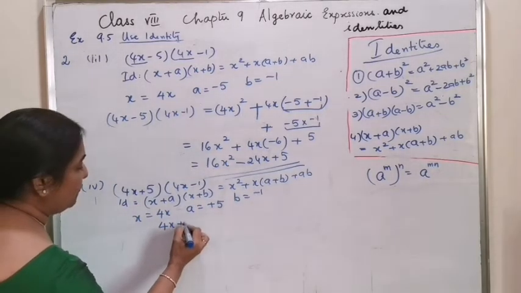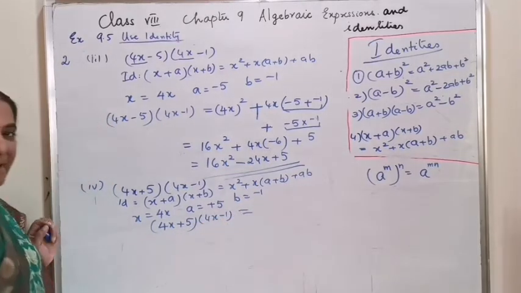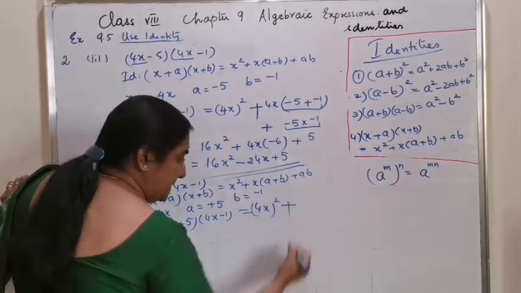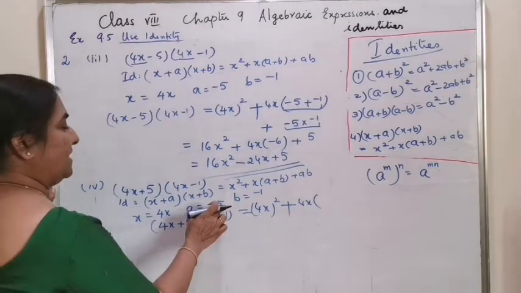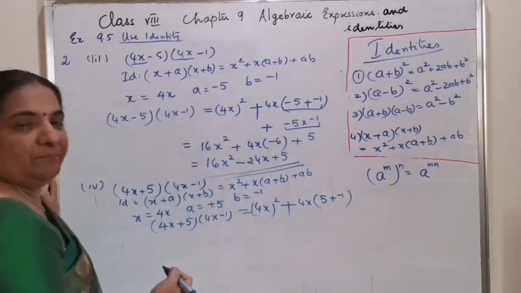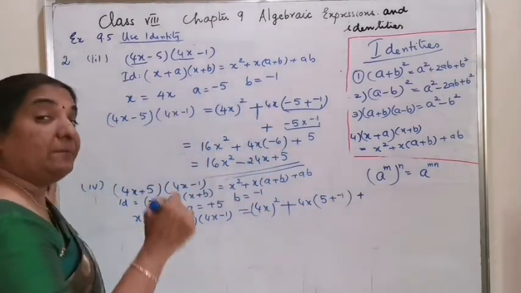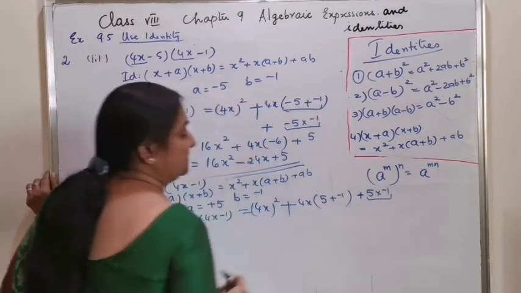Substitution: 4x plus 5 into 4x minus 1 is the same as 4x the whole square plus 4x into 5 plus minus 1, everywhere retain the plus sign, 5 into minus 1.